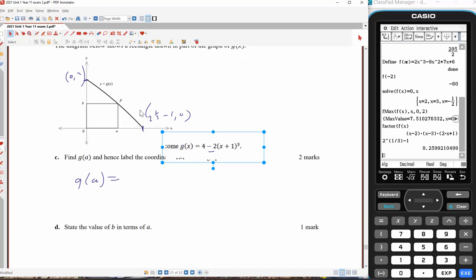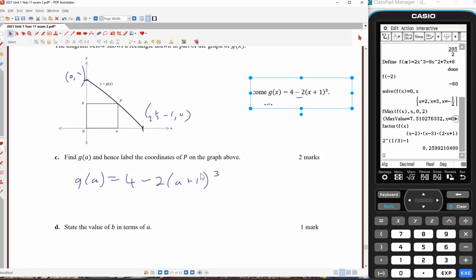So g of a is equal to 4 take 2, a plus 1 cubed. Hence label the coordinates of P on the graph above.